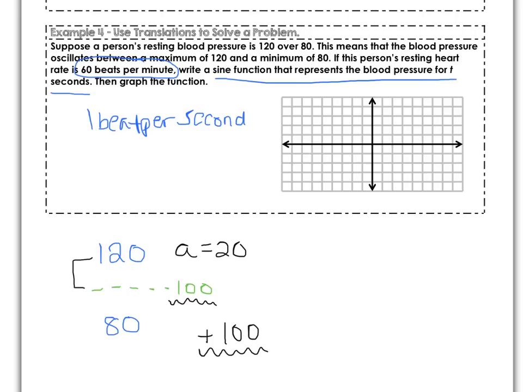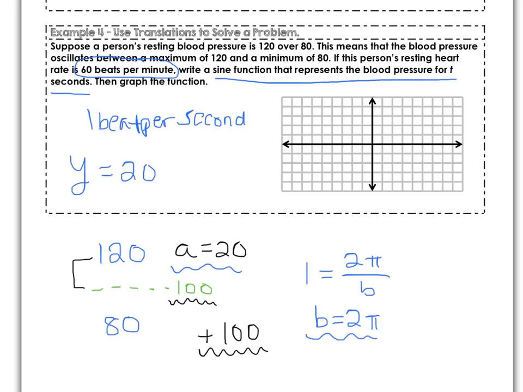To figure out our value for B, we set this equal to our equation for the period, which is 2 pi over B. Well, it's pretty clear that the only value B could be is 2 pi. So we have our A, we have our vertical shift, and we have our B. Our equation is going to be a sine function. So we have y equals 20 times sine of 2 pi t. And then on the outside of our sine function, we have plus 100.